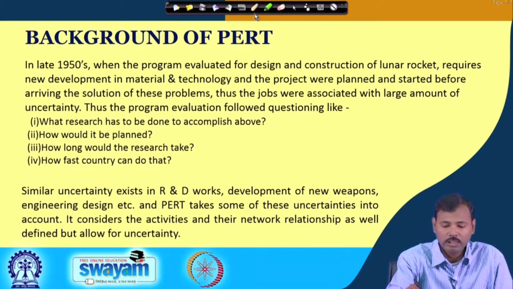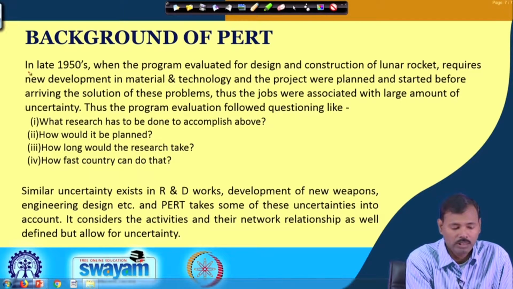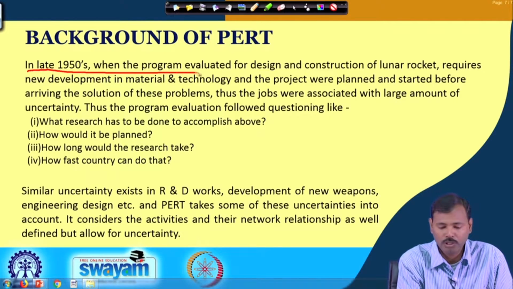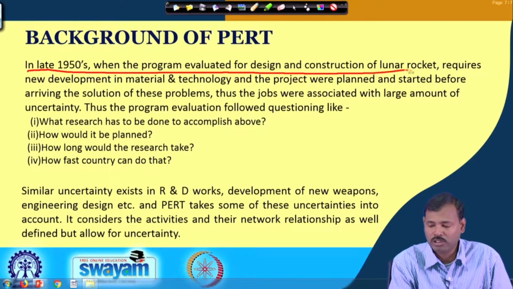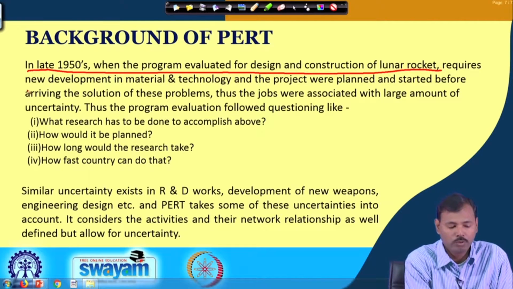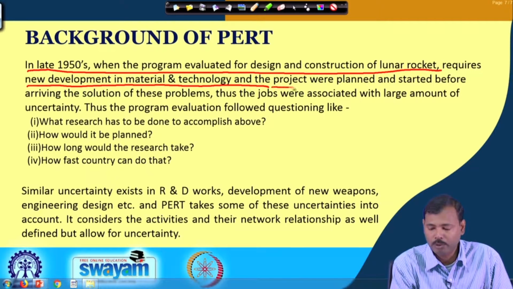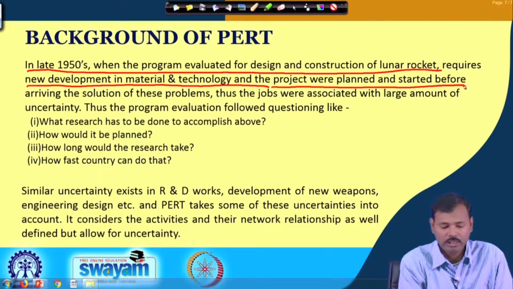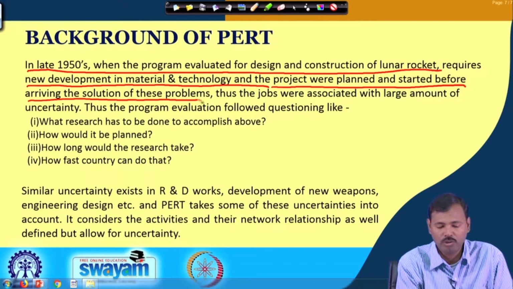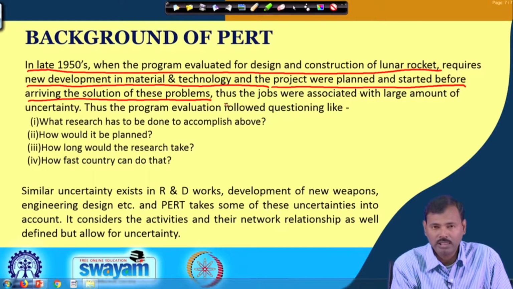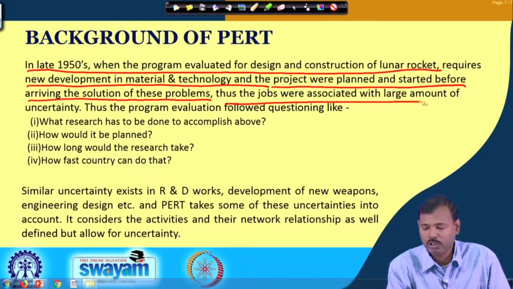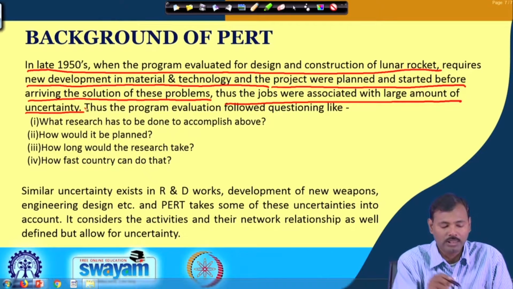Let us see a little bit of background. In 1950, the program evaluated for design and construction of a lunar rocket required new developments in material and technology, and the project was planned and started before arriving at solutions to these problems. Thus, the jobs were associated with large amounts of uncertainties.